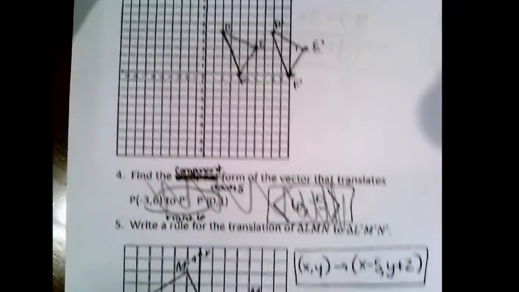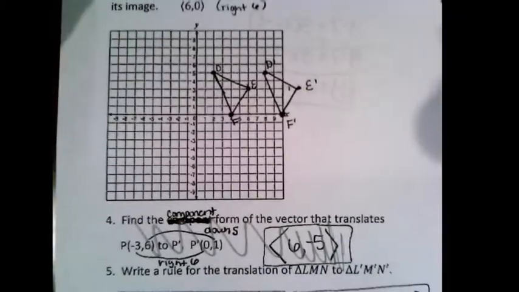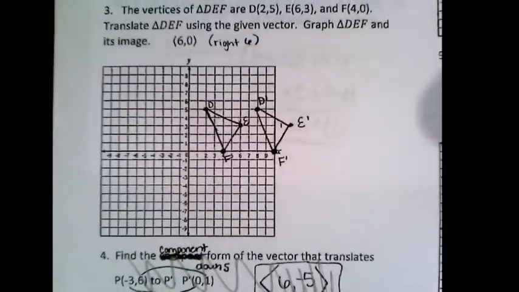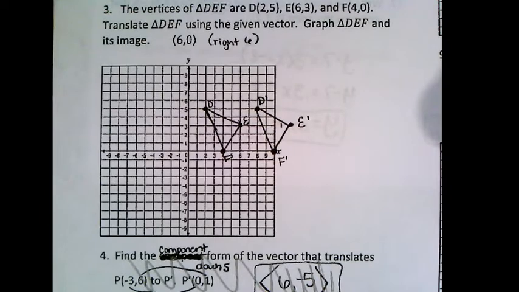And then there's number 3. So that vector form 6, 0 means the x, we're moving 6 to the right, and the 0 means we're not moving it up or down. Just in case you needed that.